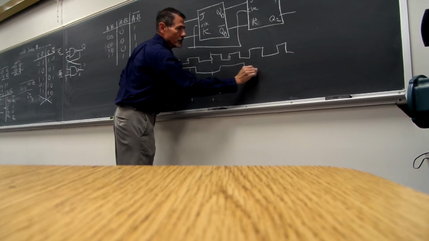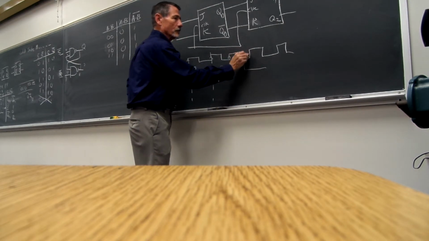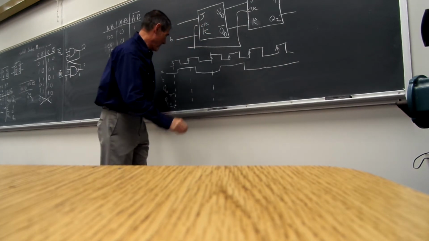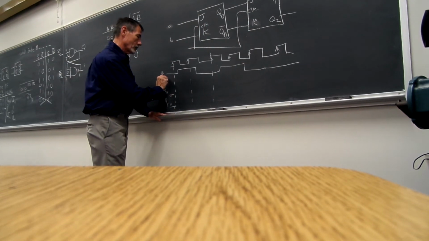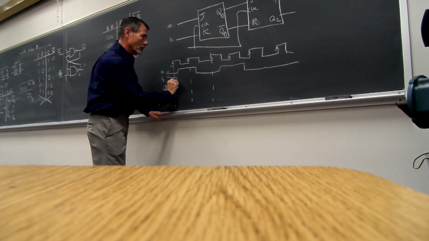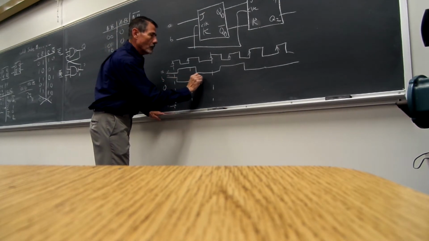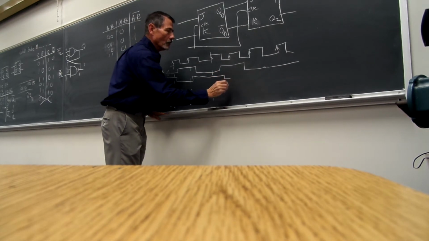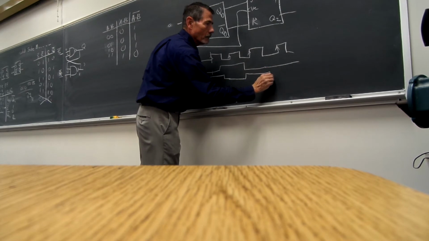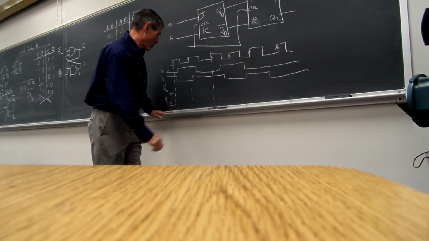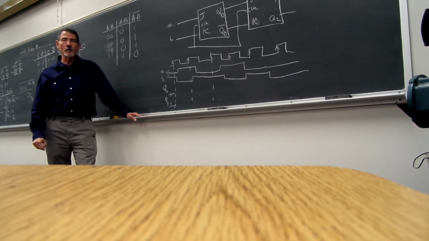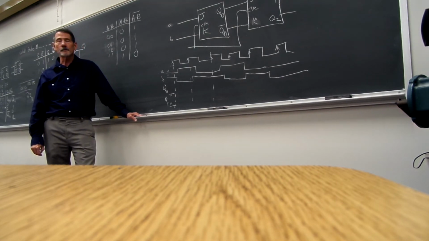And I apologize, it's easier for me to draw it than it is for you to reproduce it. Okay, figure out what's going on with the Q0 and the Q1.